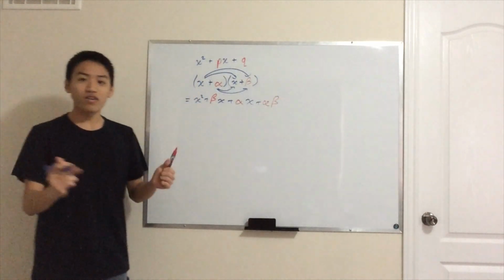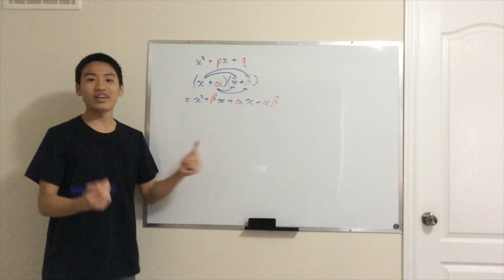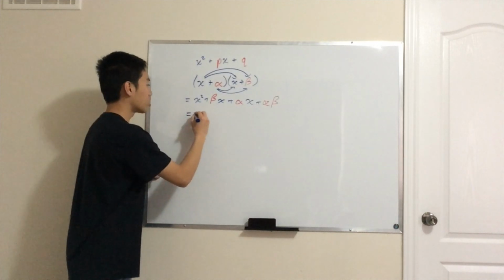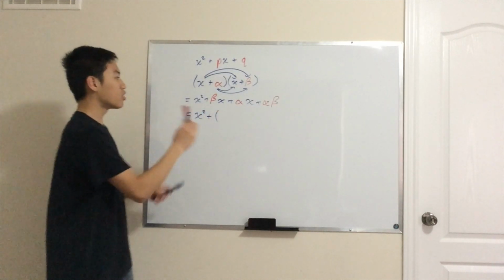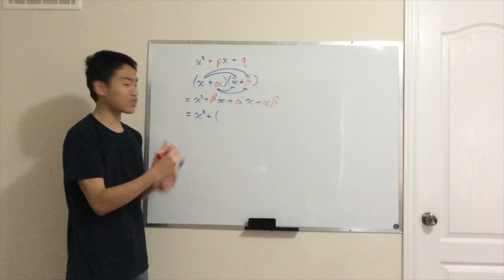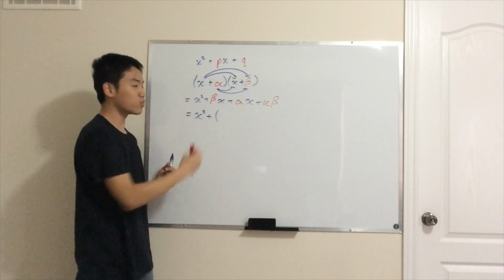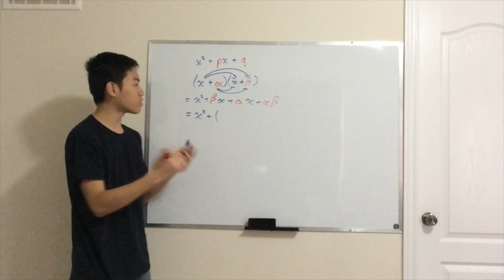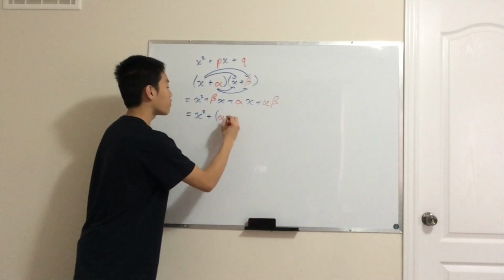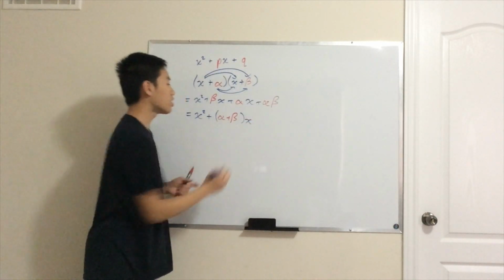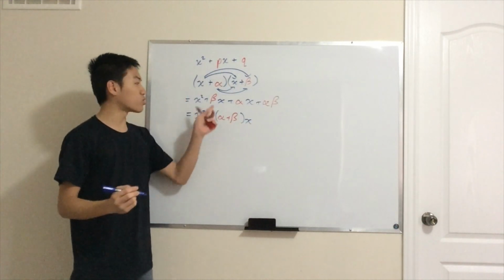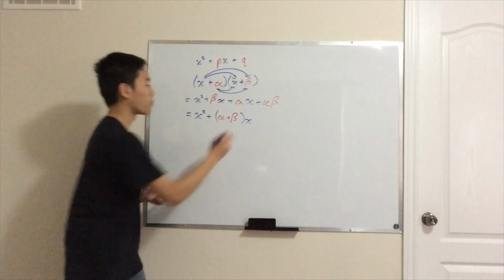Now I'm going to collect like terms, and you'll see that this is just x squared plus, in brackets, the sum of the coefficients. Let's say alpha was 2 and beta was 3, you'd have 5x. In the same way, this is just going to be alpha plus beta times x. And if you distribute the x, of course, you get back to the original expression.